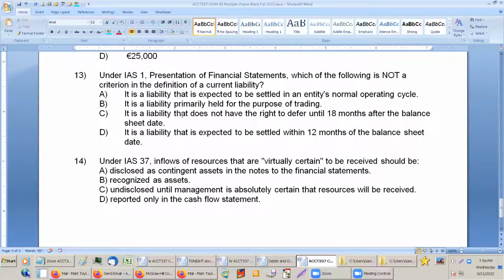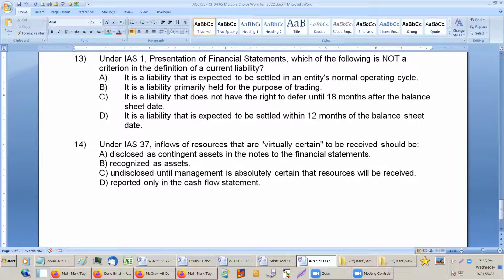All right, under presentation, which of the following is not a definition of a current liability? Yeah, let's see here.